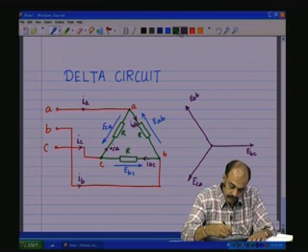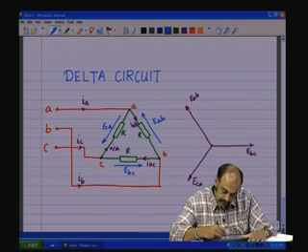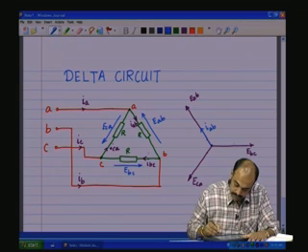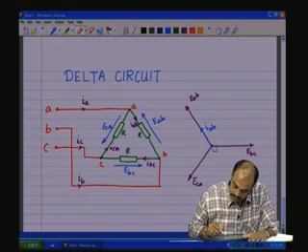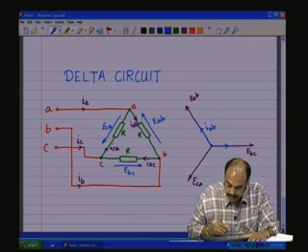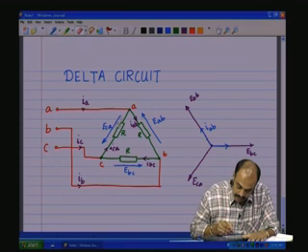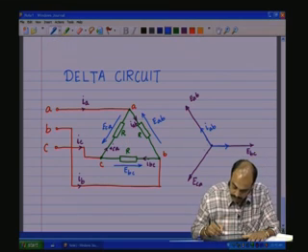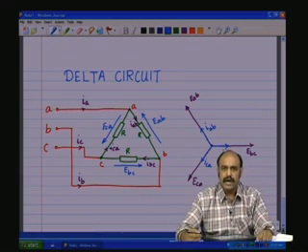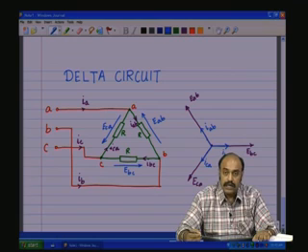So, the phase current IAB will be along EAB, IBC will be along EBC, with the same amplitude because the load is the same, and ICA, flowing in this direction, will be along ECA. So, we have the 3 phase currents.